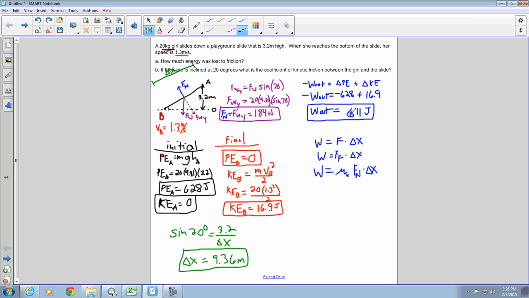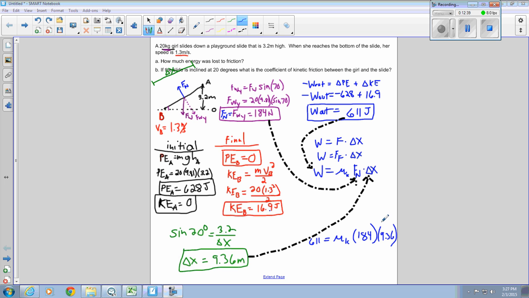This work goes here. Force normal gets plugged in here, and our displacement gets plugged in here. And when we substitute all of our numbers, this is going to look like this.